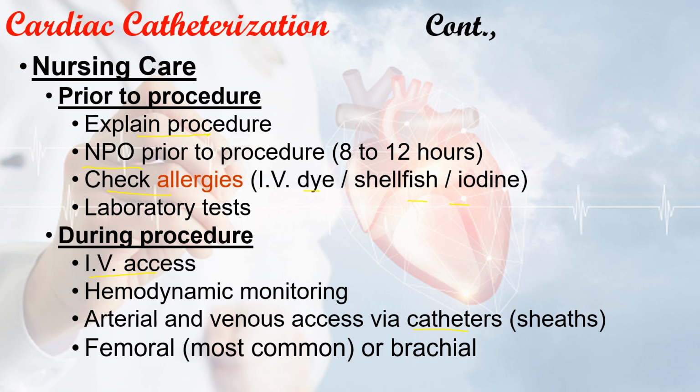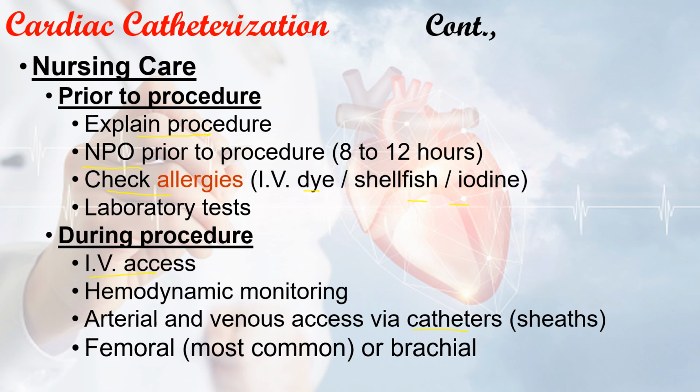Catheter in the sheath. To perform the cardiac catheterization, we need to insert a cardiac catheter. It is a long tube. That tube is inserted through the sheath. That is placed in the femoral artery or femoral vein, with arterial access like the radial artery and femoral artery, or venous access like the femoral veins and also the subclavian veins.